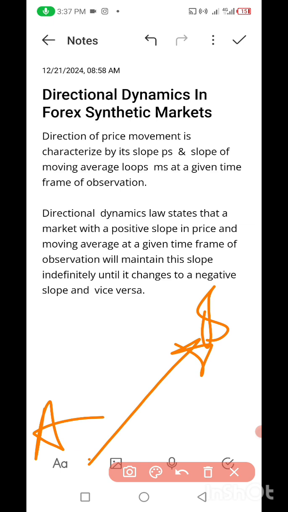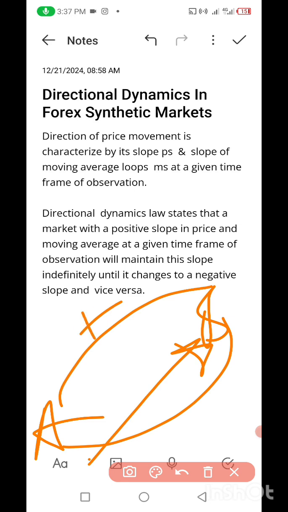Right here, there is a point that is very crucial, which is to maintain constancy of a slope, indefinite constancy of a slope. Maintaining the slope indefinitely is a very, very important trading idea, so that the characteristics of this curve connecting these 2 points is such that this one is positive and this one is positive.